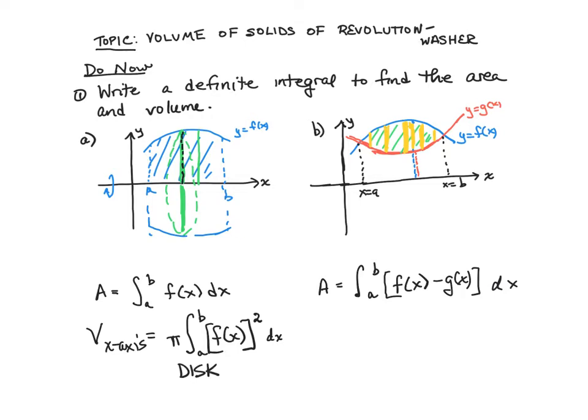But if we take a rectangle that's not sitting on the x-axis, it's above the x-axis, notice that we do not get a disk anymore. When we rotate this rectangle, there's a gap here. So when we rotate the rectangle, we'll get a gap here, and it would be reflected down, and then the outer rim would be rotated out and around.